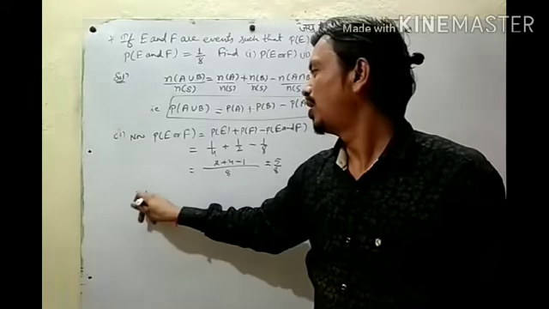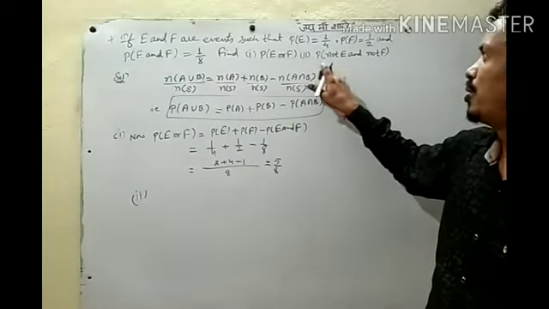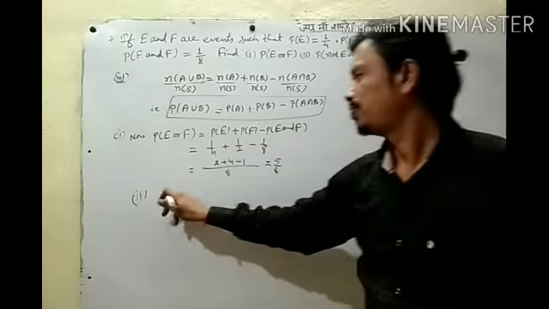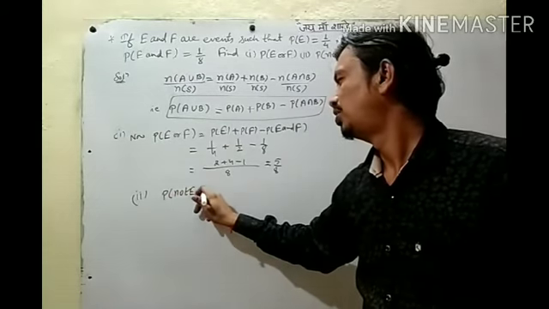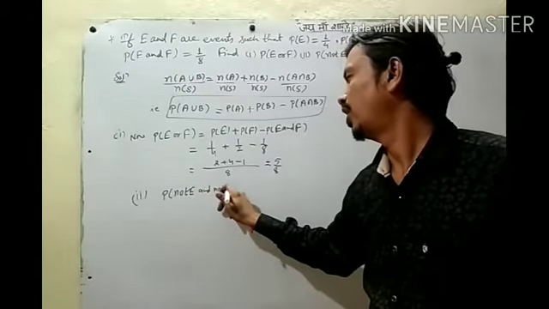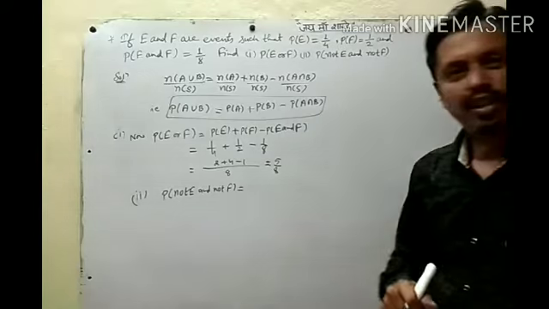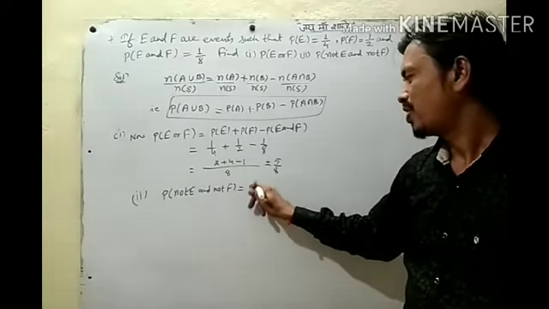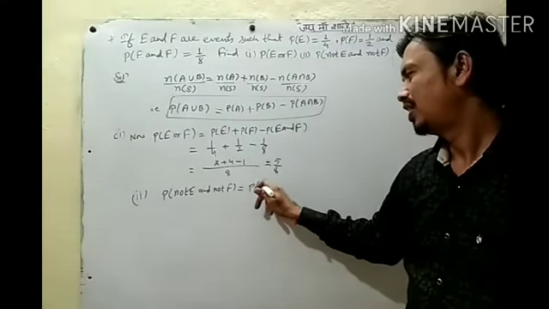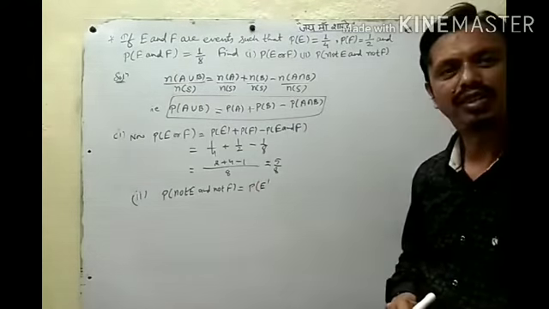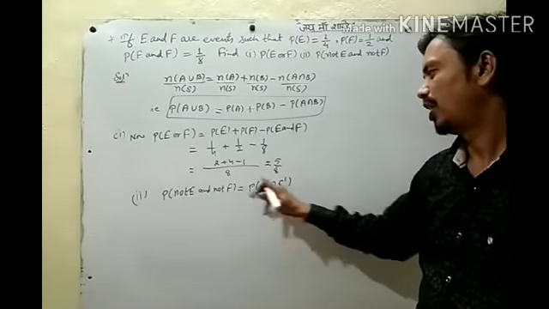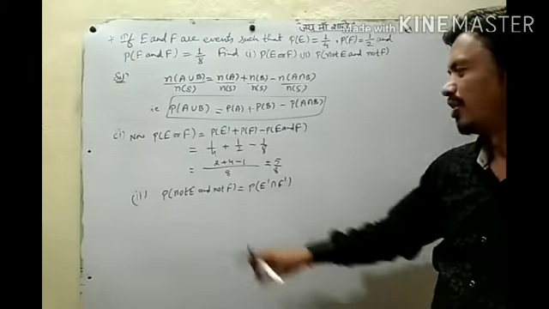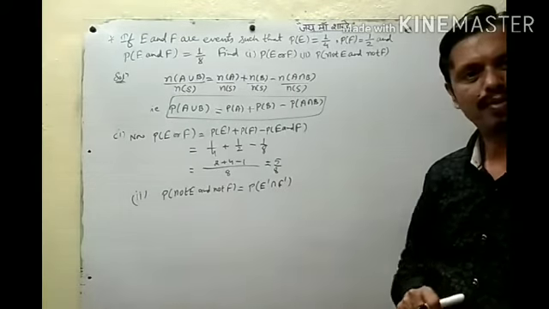Now for second part, probability of not E and not F. Probability of not E and not F. So it can be written not E, we can write E dash, and means intersection, not F means F dash. So it can be written like this.